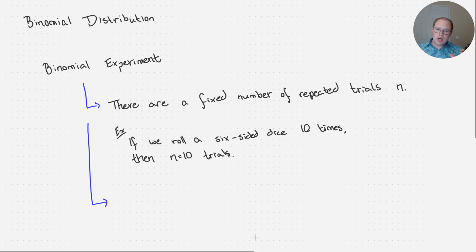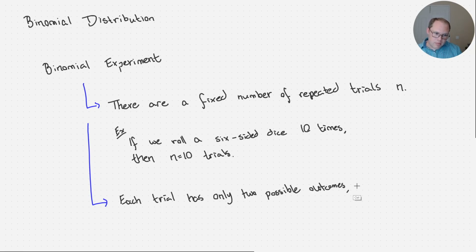Two, the second requirement is that in each trial there are only two possibilities. Each trial has only two possible outcomes. And we call these outcomes success and failure.